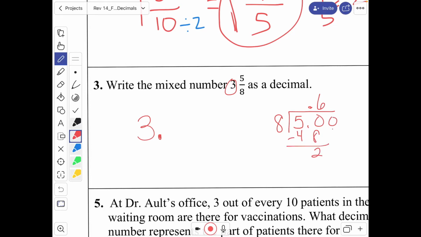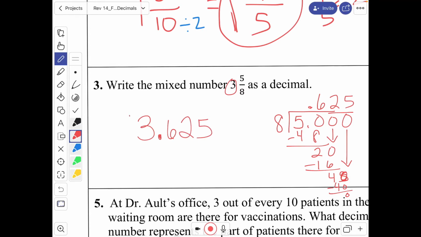These get kind of long, so it would be very helpful if you would memorize these because we use them a lot. So the decimal part is going to be 0.625. 3.625. Again, if you had it memorized, you wouldn't have to do all that division.